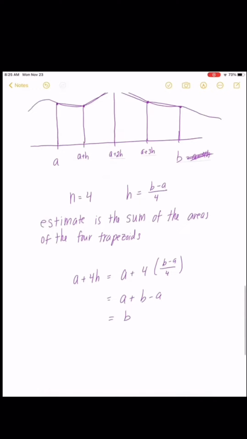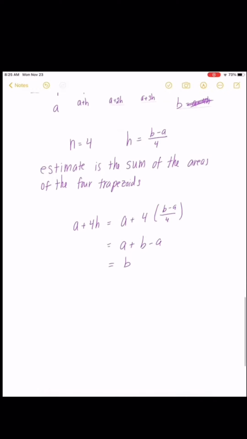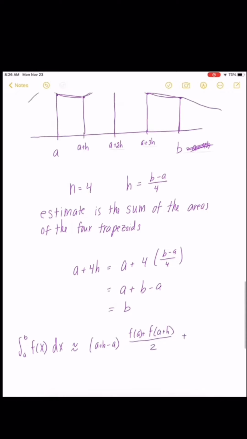So our formula in this case is that the integral from a to b of f of x dx is approximately, and I'm going to write it out the kind of long, annoying way, a plus h minus a times f of a plus f of a plus h over 2, plus, so here I've done the composite trapezoidal rule, but I've just done it on this part so far.